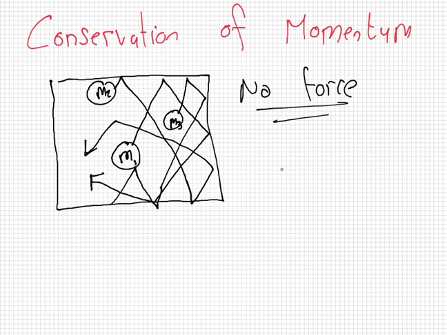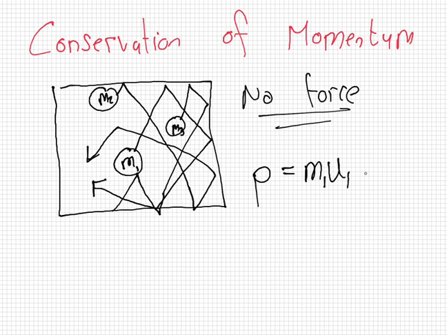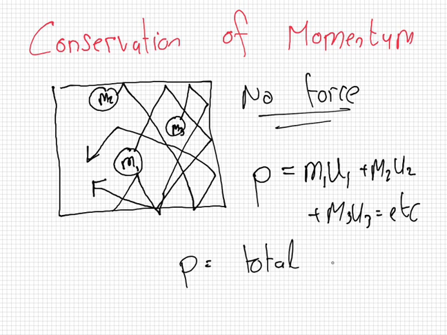So what's the momentum in this picture? The momentum is M1 U1, if the first one is going with speed U1, plus M2 U2, plus M3 U3, etc. That is the total momentum. So let's say this is time equals 0 seconds.